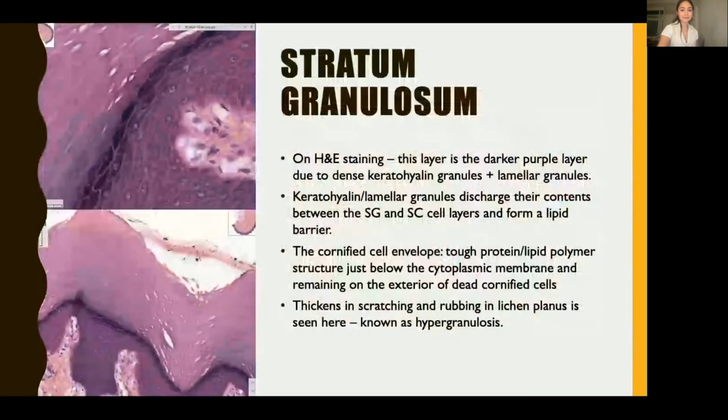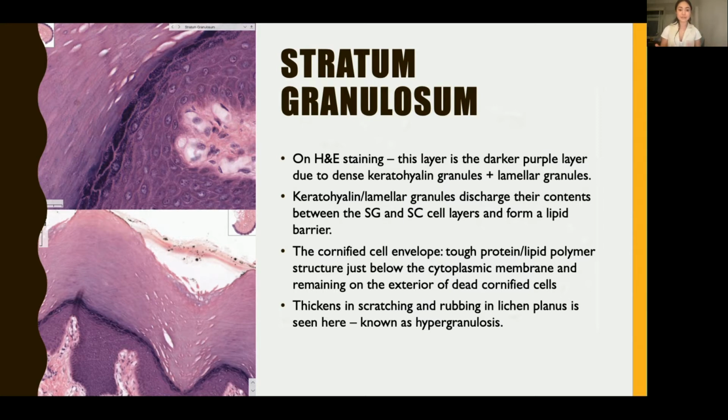Okay, next slide. So on H&E staining, the stratum granulosum is that deep purpley layer you can see there. The reason it has that deeper shade is because there are these dense keratohyalin and lamellar granules. What these granules do is discharge their contents. They tend to have keratin precursors and lipids inside them.